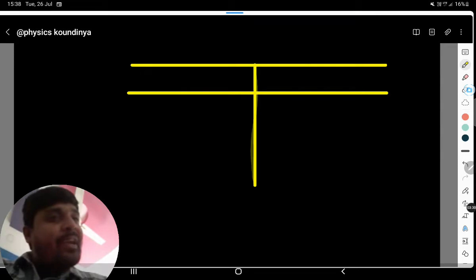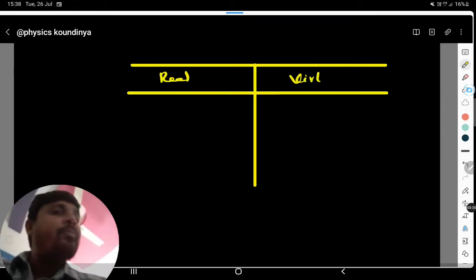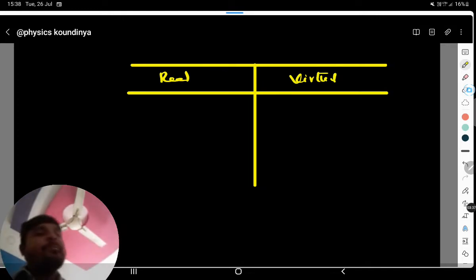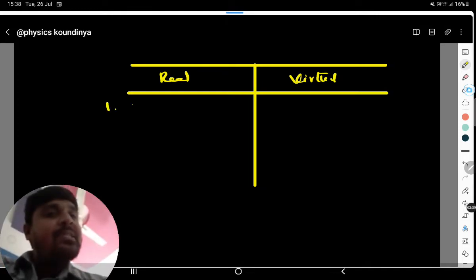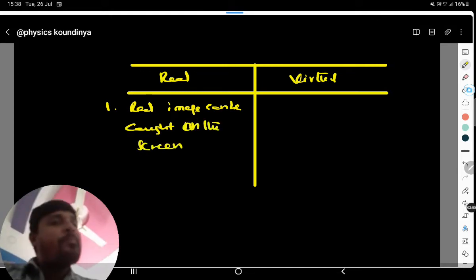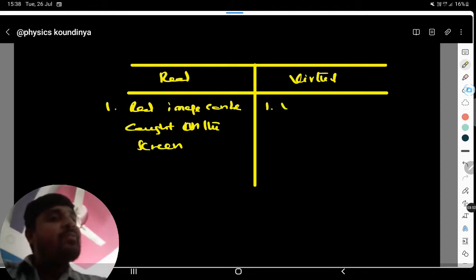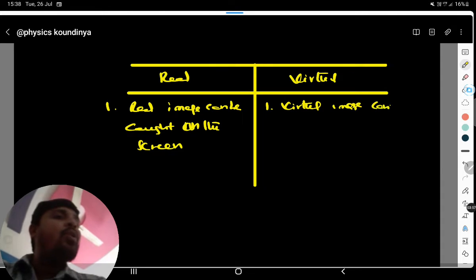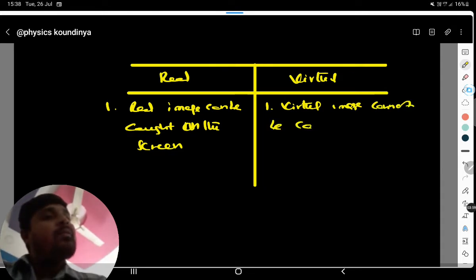Now we are writing the differences between real and virtual images. Point number 1: a real image can be caught on the screen, whereas a virtual image cannot be caught on the screen.